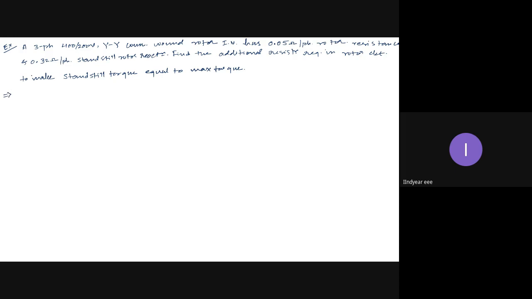So here the given things are F is equals to 50 hertz. Oh, it is not mentioned, right? Not mentioned. Okay, so V1 or V is 400 volts and E2 is 200 volts.